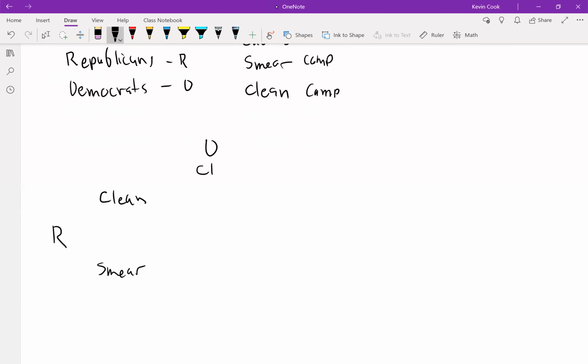And same thing with the Democrats, they can run a clean or a smear. I'm going to go ahead and write that out, that way we can see it. And I'm going to give the common colors. I'll put Republicans in red, Democrats in blue, and we'll set up our table.